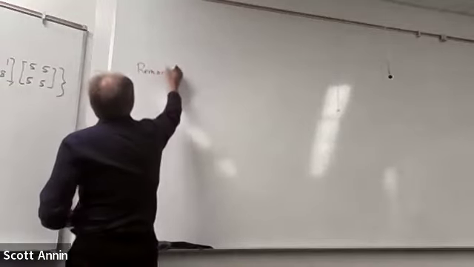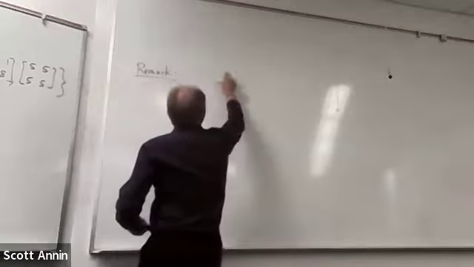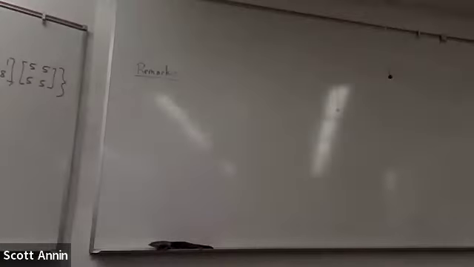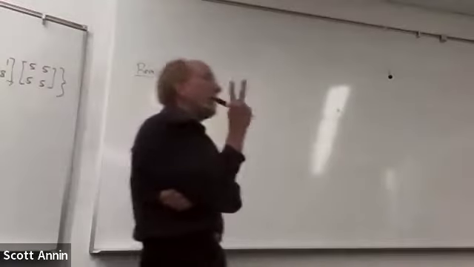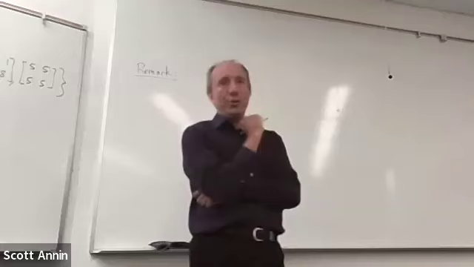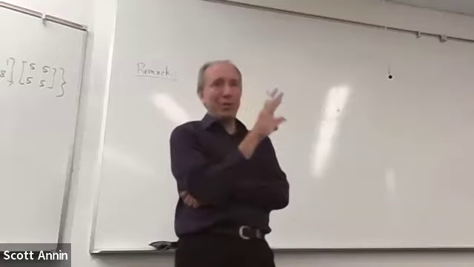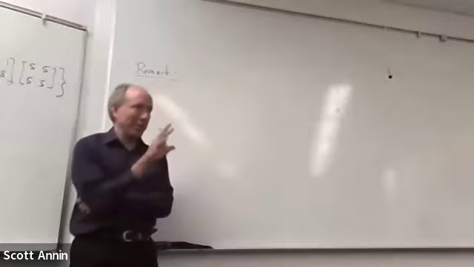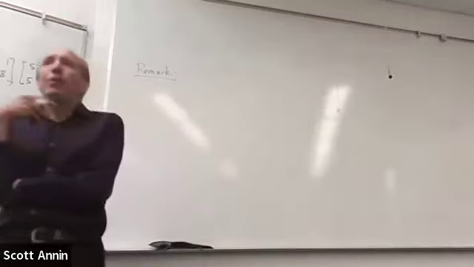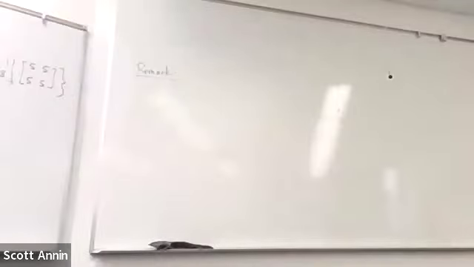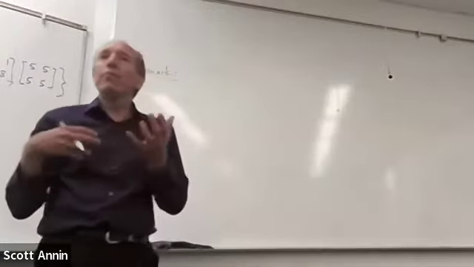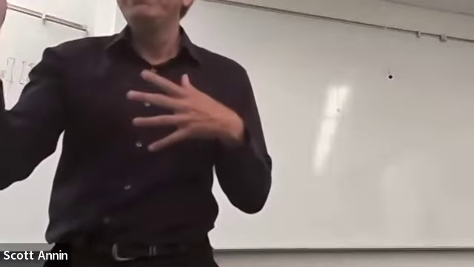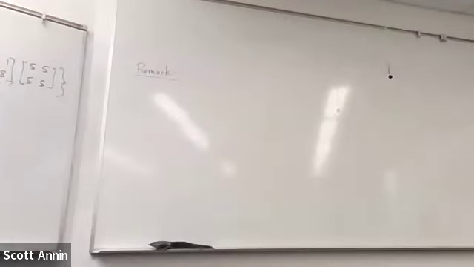A quick remark about LI. I think I might have forgotten to state this the other day when we were going over this, maybe last week. When you only have two vectors, there's an easy way to look for LI. I know we have this whole thing where we put them in the matrix and we do the EROs and all of that.